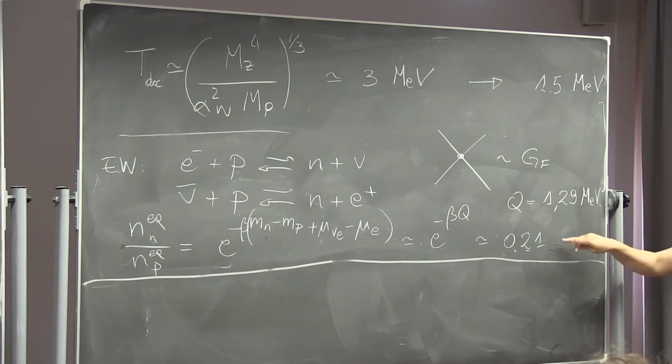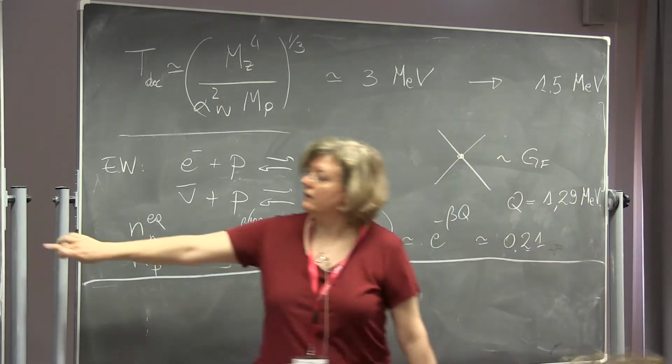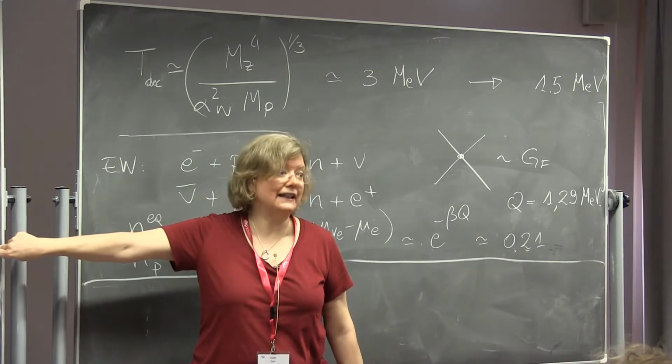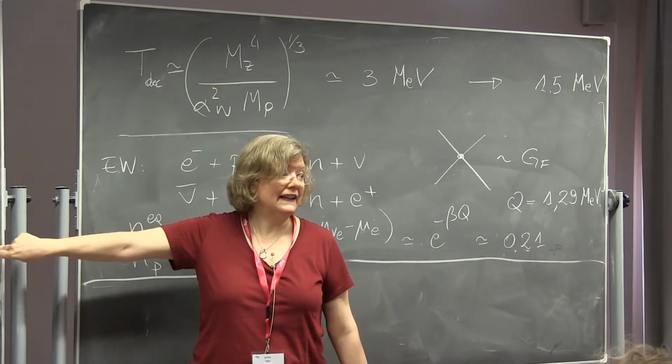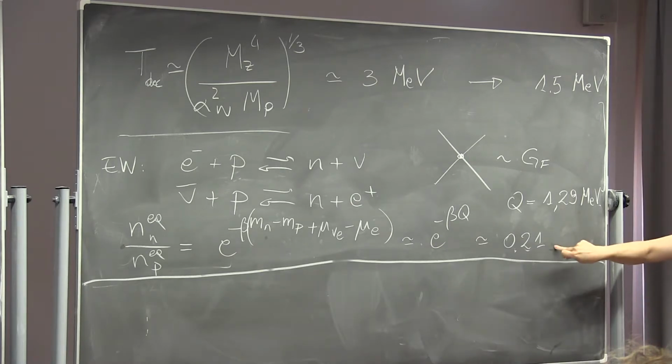And of course one has to add the decay of the neutron, so until you really start nucleosynthesis there is still time for some of the neutrons to decay away, and this number is a little bit reduced, but nevertheless this is the main effect: this relation sets the temperature of decoupling of the neutrino, and therefore sets also the ratio of neutron to proton.